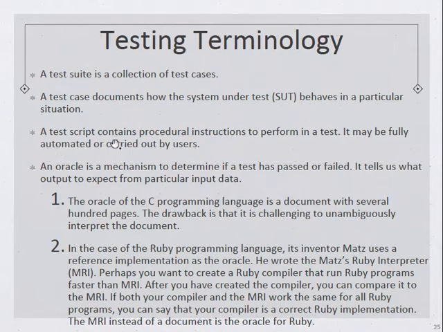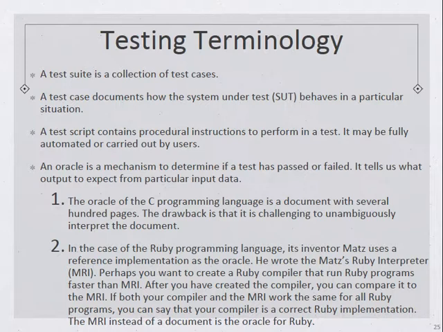A test script is a step-by-step procedure to do tests, and sometimes it's written for human beings to read, sometimes it's written for a computer to execute. So it depends. And the term oracle means a mechanism to know whether a test should pass or should fail.